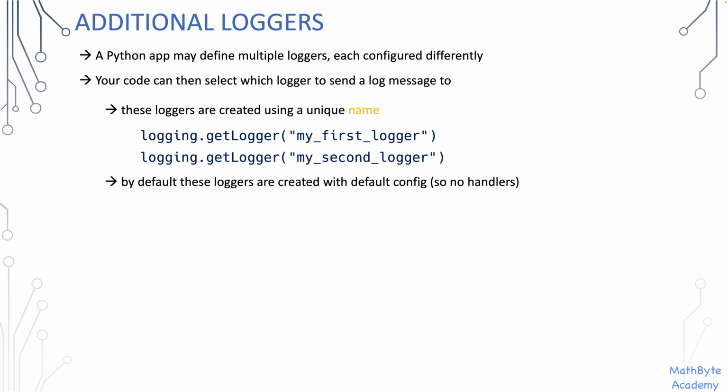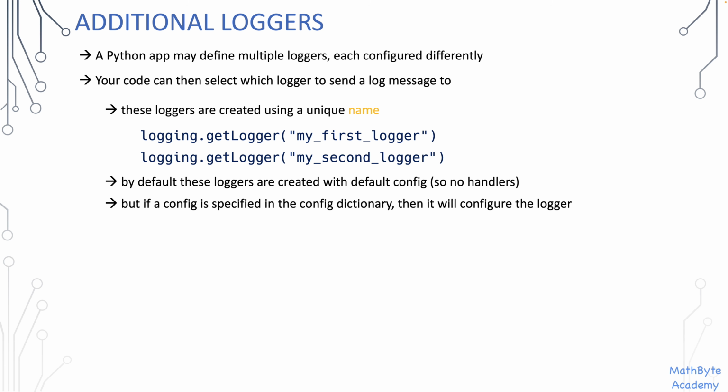But when you have these named loggers, then it will create them with no handlers. If you send a log request to one of these loggers that has no handlers, it will not emit anything. It's just going to be as if you had sent that message kind of into a black hole, but not quite.